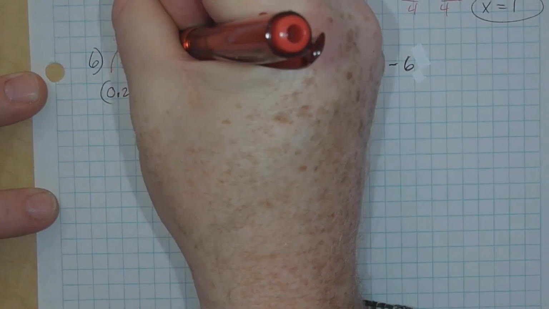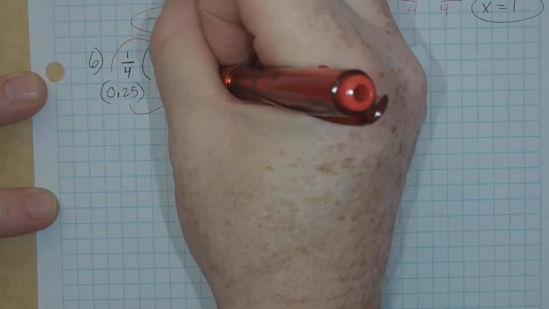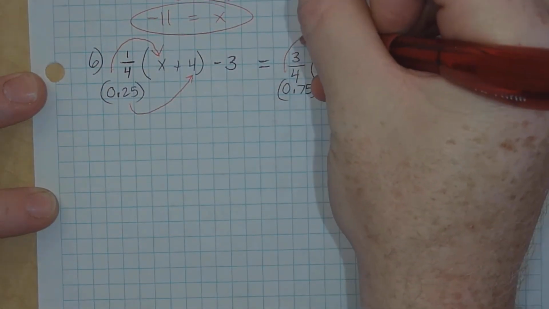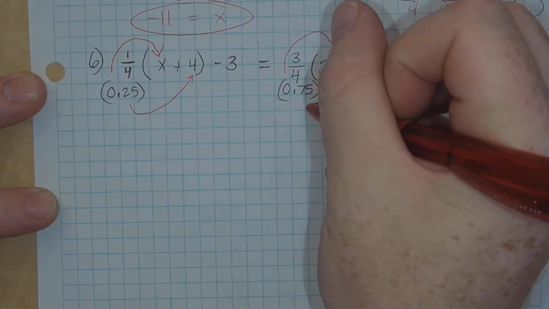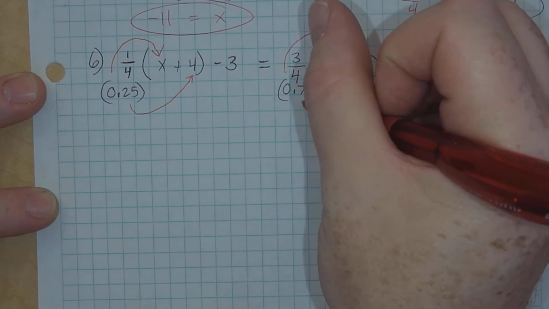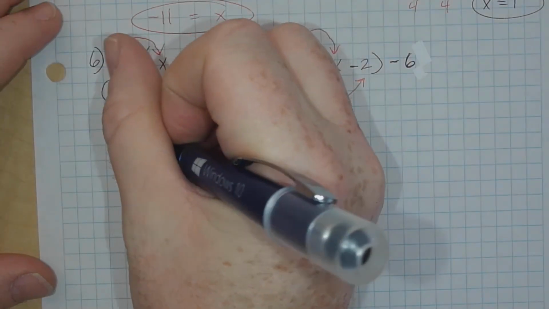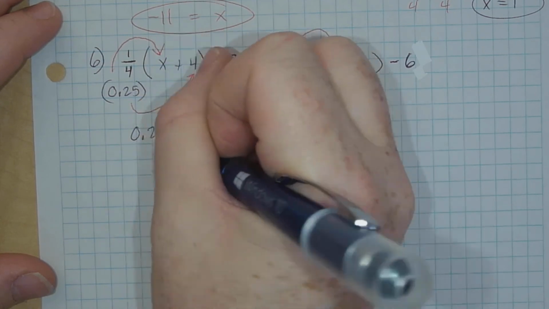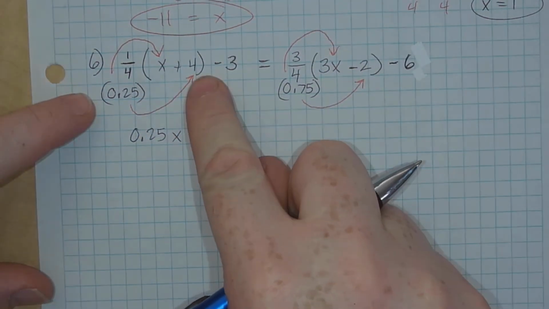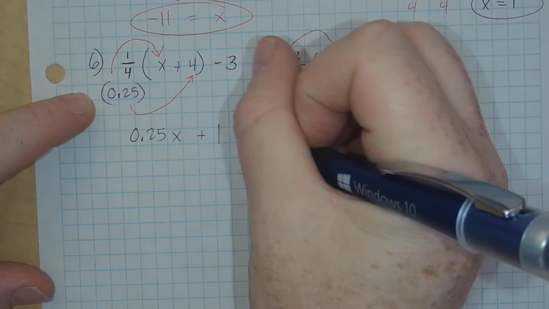All right, so let's get started. So 0.25 times x and 0.25 times 4. 0.75 times 3x, and then 0.75 times 2. So 0.25 times x is going to be 0.25x, plus 0.25 times 4 is going to be 1.